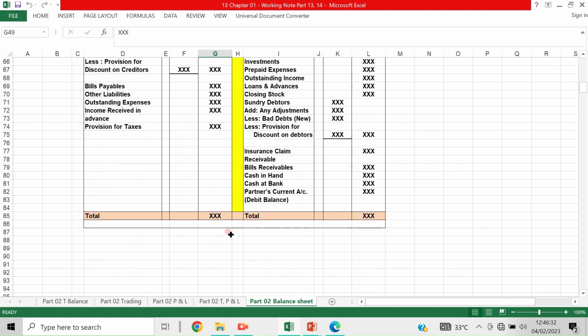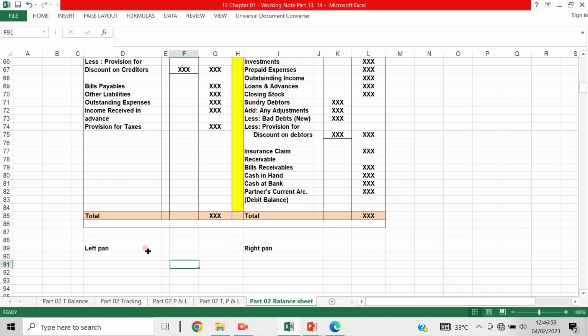So once you prepare the balance sheet, it should be tallied. The balance sheet is like a weighing balance. You know that there are two pans, the left pan and the right pan.